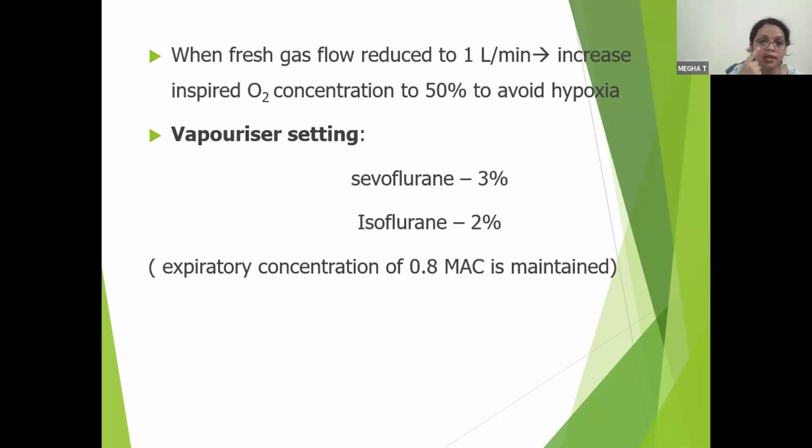As for the vaporizer setting, we saw that earlier in the initiation phase we had kept 1 to 1.5% of isoflurane and 2 to 2.5% of the other agent, whereas in the maintenance phase you have to increase it a bit higher because of the dilution effect. Hence, our aim is to maintain the end expiratory concentration of volatile anesthetic at 0.8.